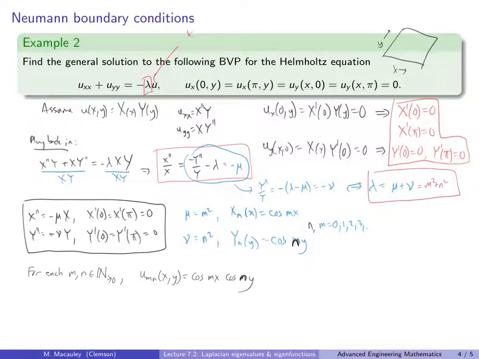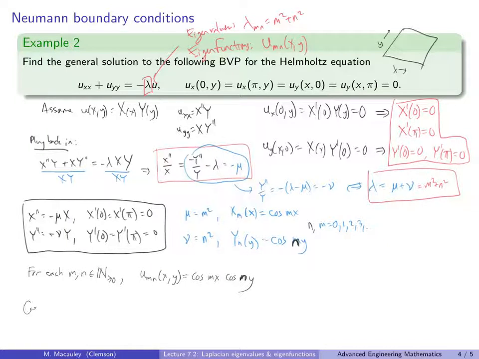So the eigenvalues are lambda mn, which is m squared plus n squared, and the eigenfunctions are these functions umn, which are the cosines that I wrote down here.